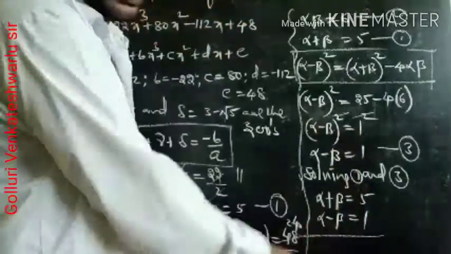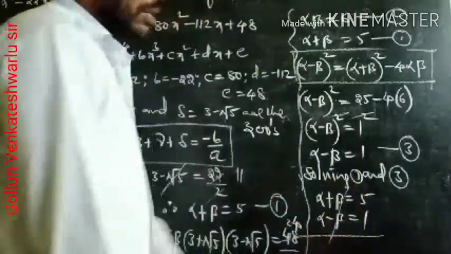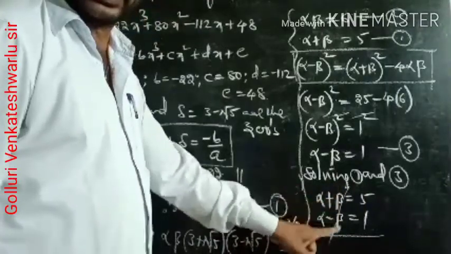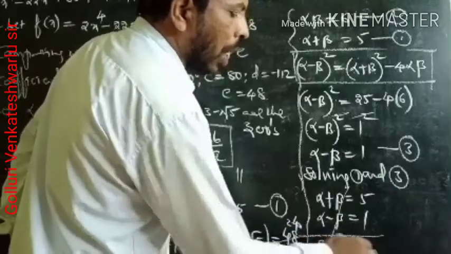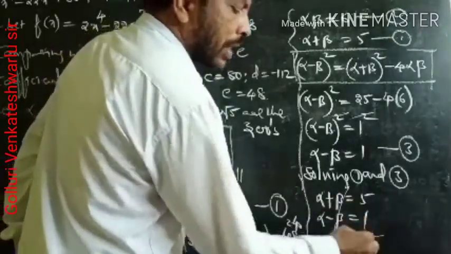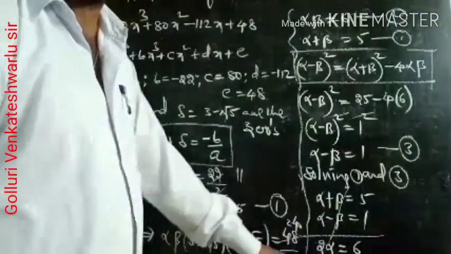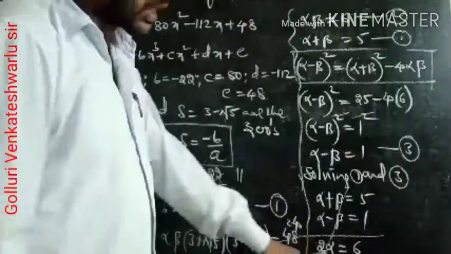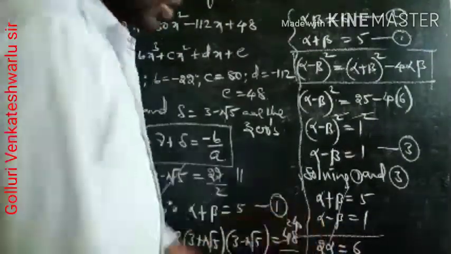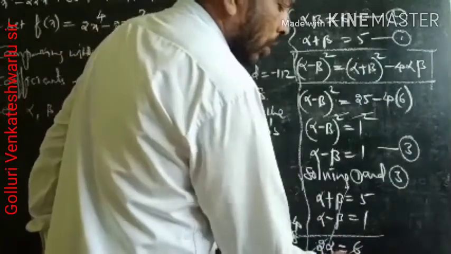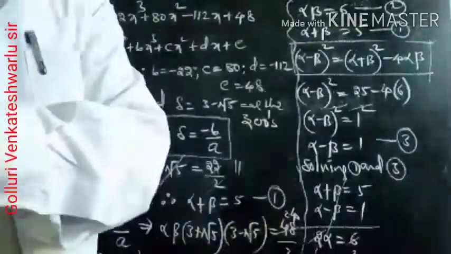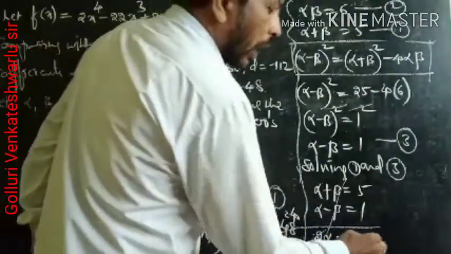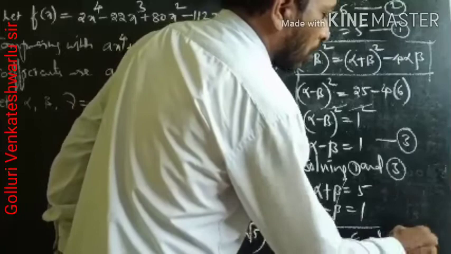By adding these two equations, plus beta and minus beta get cancelled. Alpha plus alpha, double alpha, 2 times alpha, is equal to 6. Both are multiples of 2, so dividing by 2 on both sides, alpha value is equal to 3.